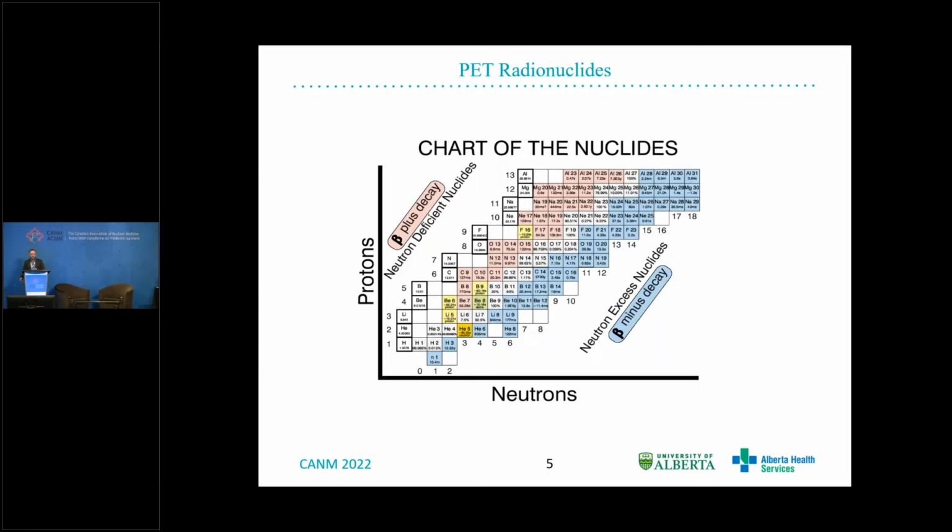So you make a neutron deficient nuclide, which then becomes unstable and becomes a positron emitter.